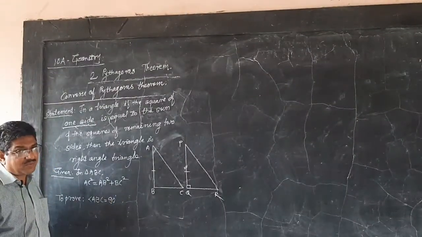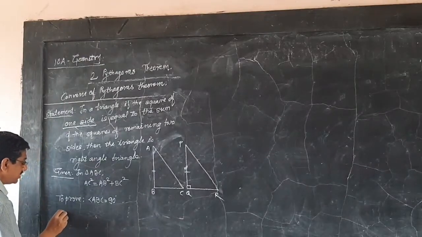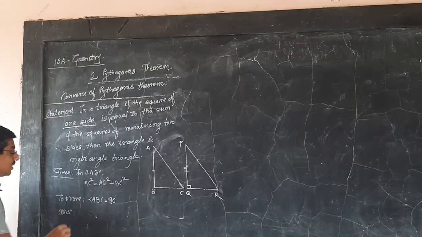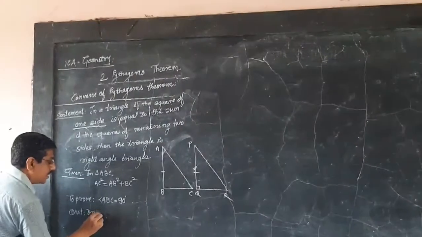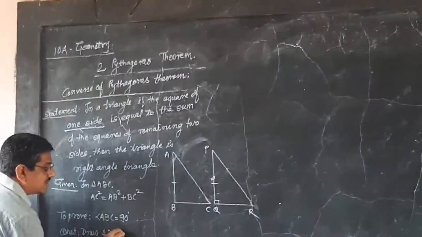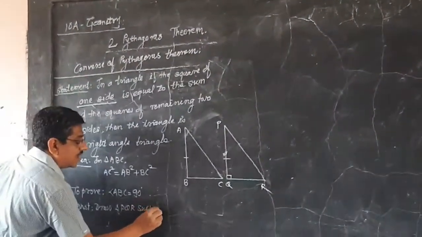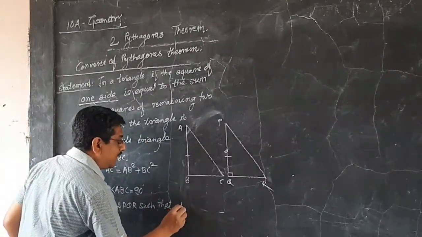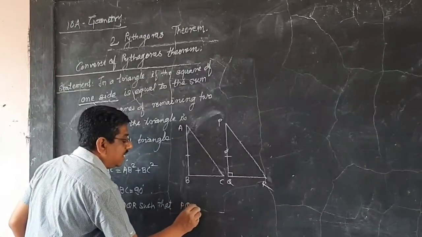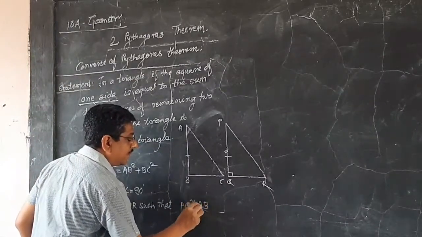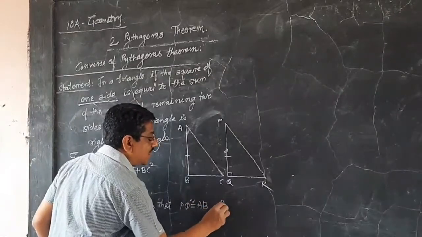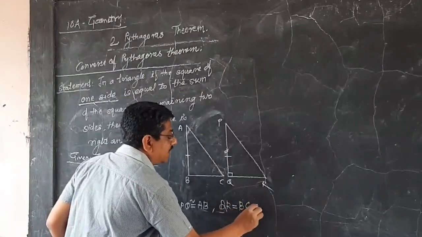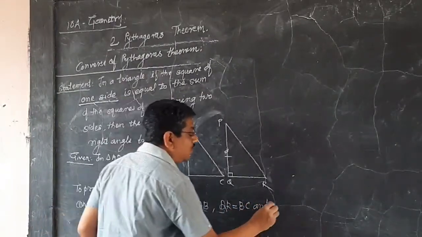Now, for this theorem you have to do the construction. Draw the triangle PQR such that PQ is congruent to AB, QR is congruent to BC, and angle Q is 90.